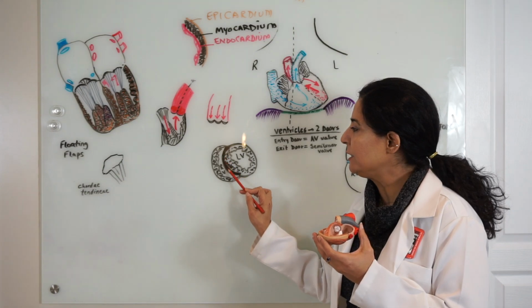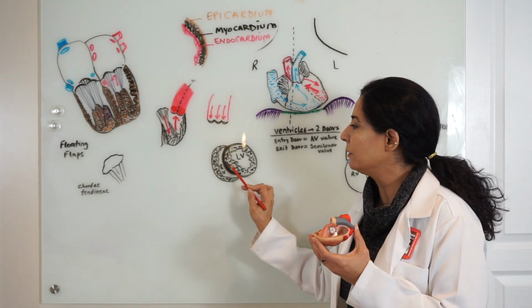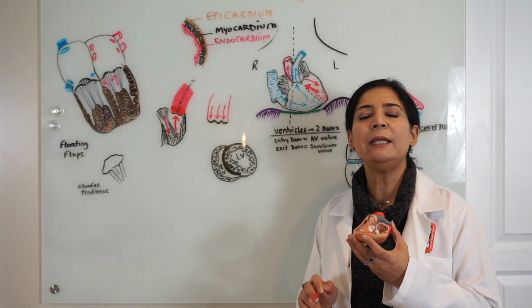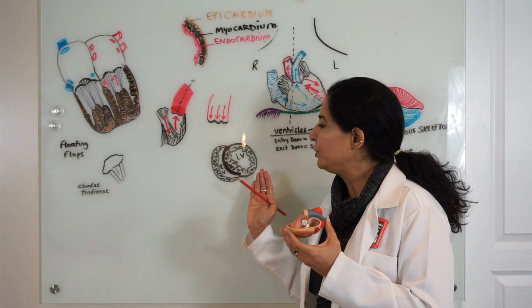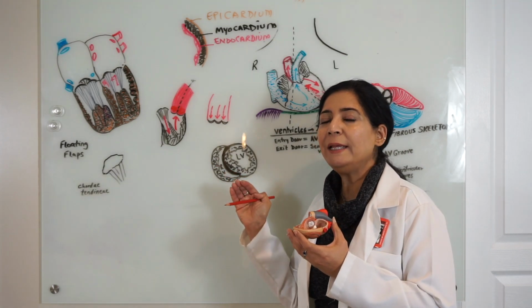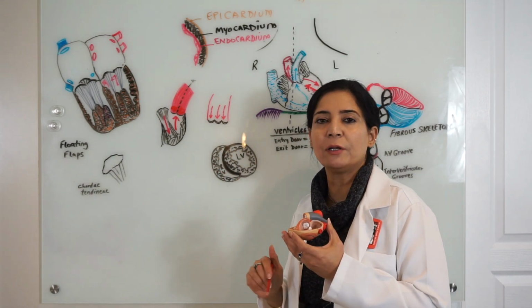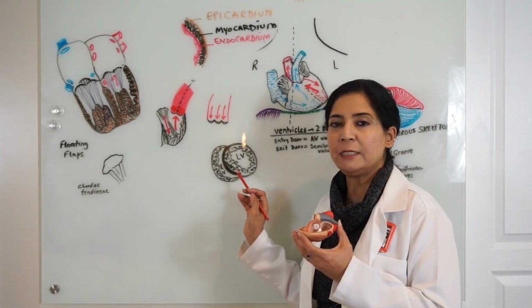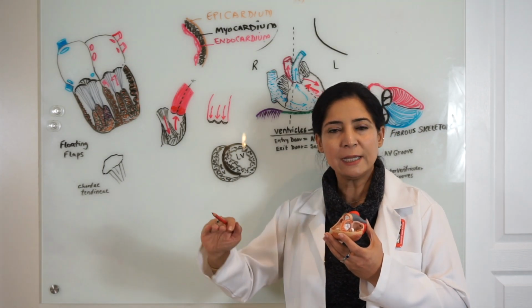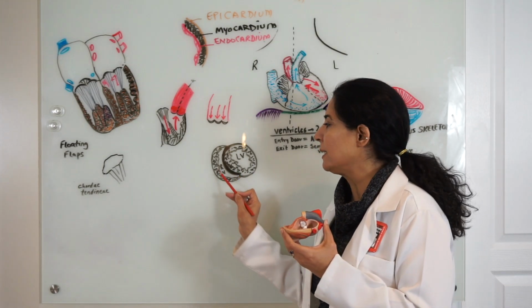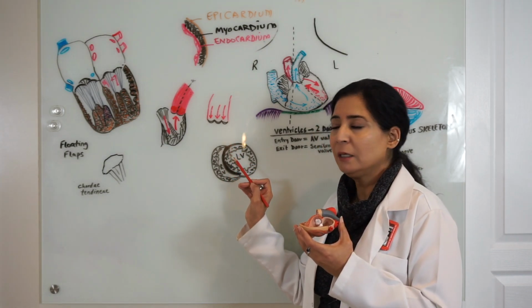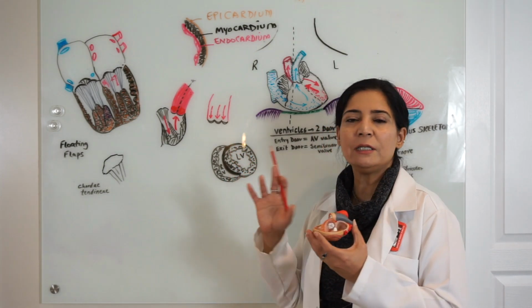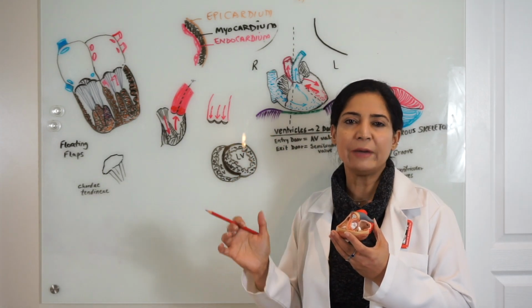Because this dark black colored structure represents the interventricular septum, which is bulging into the right ventricular cavity. So the right ventricular cavity on a cross section will appear as a crescent, or semicircular, half-moon shaped, while the left ventricular cavity is almost perfectly round.